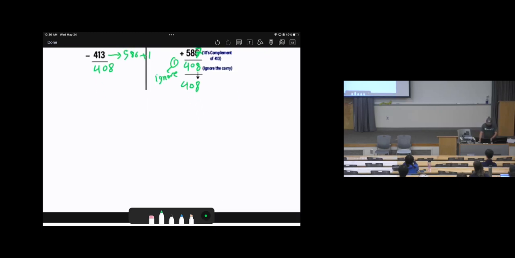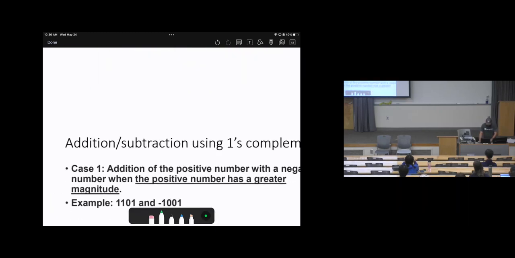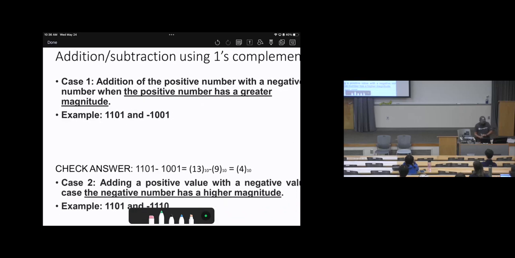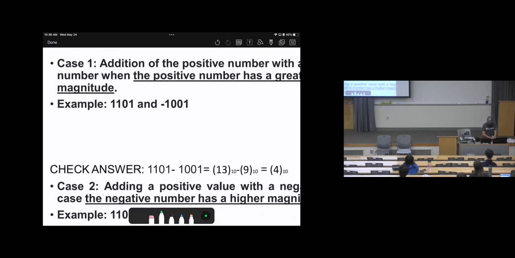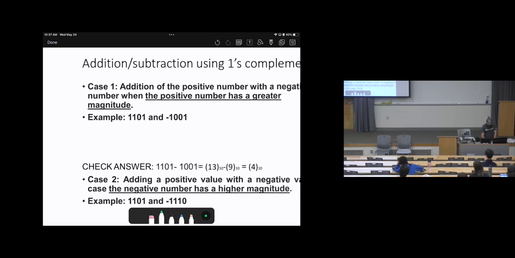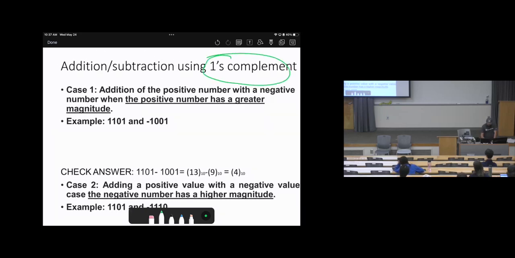Okay, how about using 1's complement and 2's complement like this? We need to subtract 10001 from 1101. How to do this subtraction using the complements? Let's use the ones complement here. In ones complement, it is the same scenario that we apply in nines and tens, but we apply it in ones.